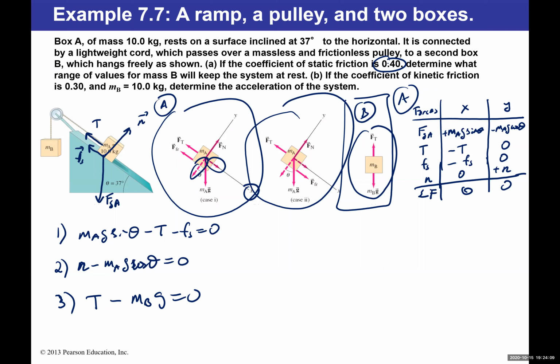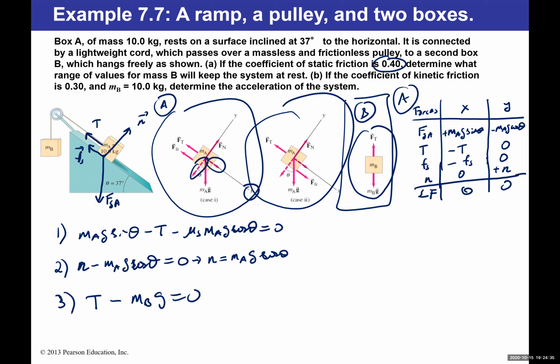All right. So then what we will do here is this. I will see that from equation 2, normal force is equal to m_A g cosine theta. That means normal force is that. Then I can rearrange my equation 1 such that for the static friction, I'm writing this as coefficient of static friction times normal force, which is then m_A g cosine of theta.